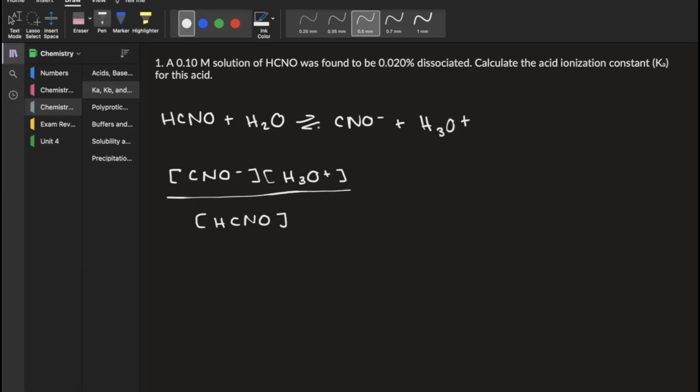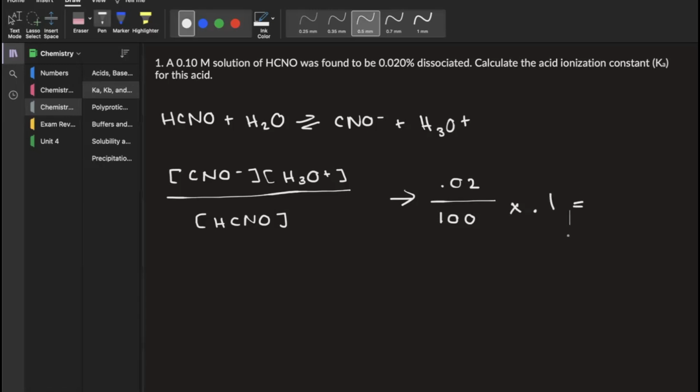Now, we know that we have 0.02% dissociated, which equals 0.02. We divide that by 100, and we know that the molarity for this is 0.1, so we just multiply it.